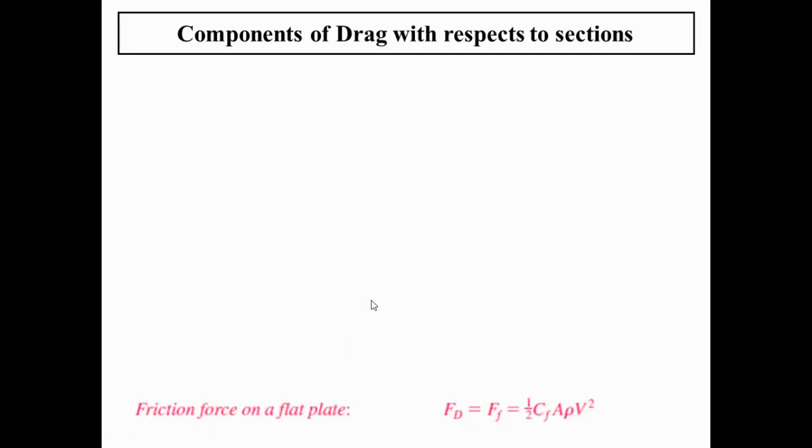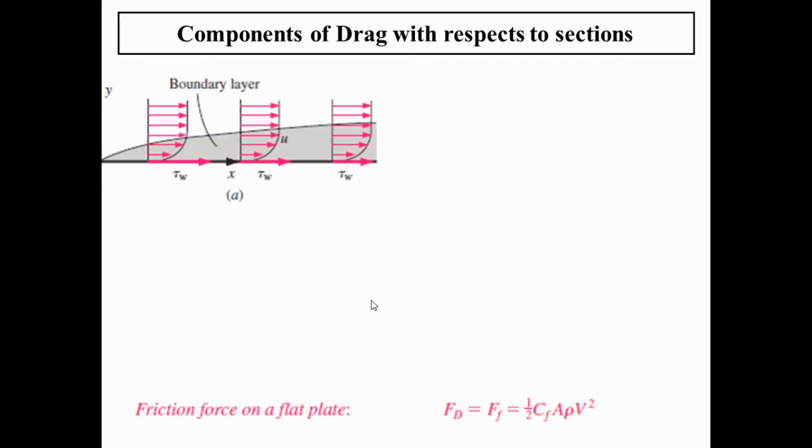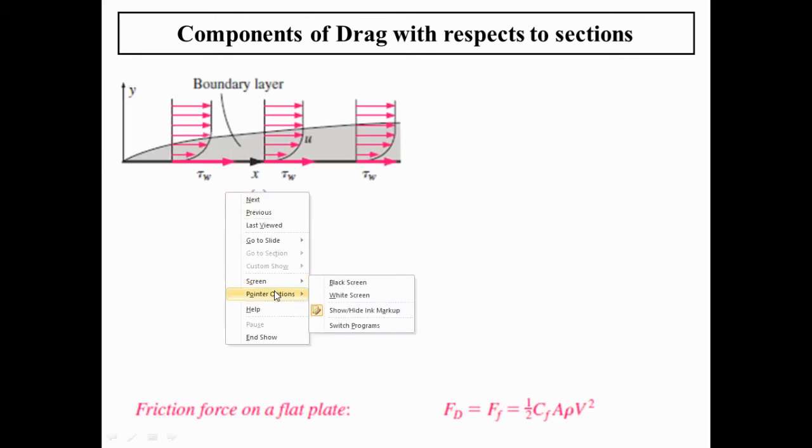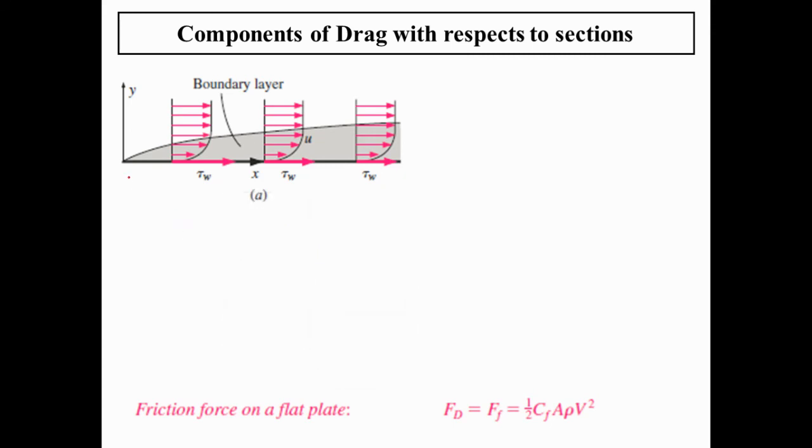So, components of drag with respect to various sections. If you keep a plate in a horizontal condition, we say that this is the horizontal plate. In this case, the boundary layer is something like this. The flow develops, and the boundary layer keeps moving on. The developed boundary layer looks like this.